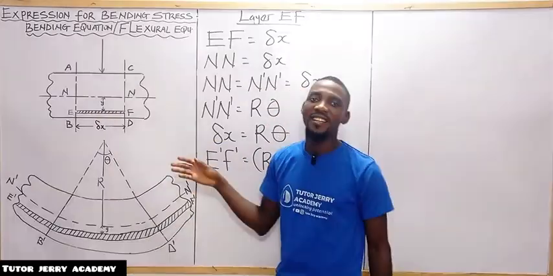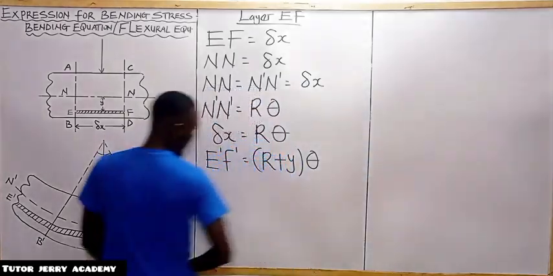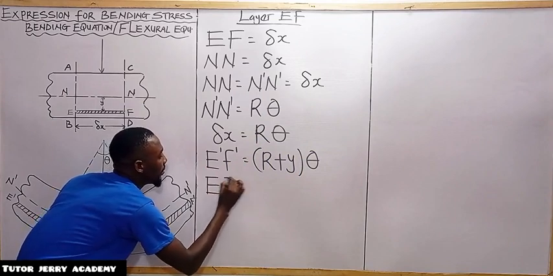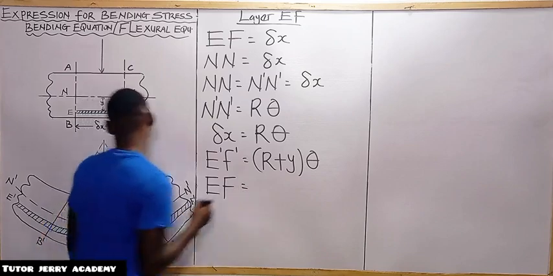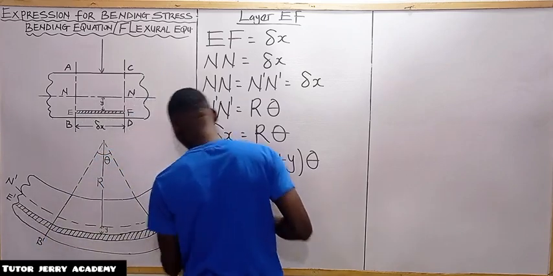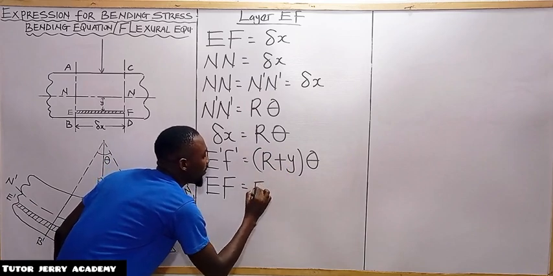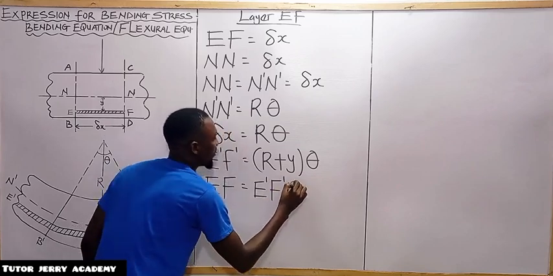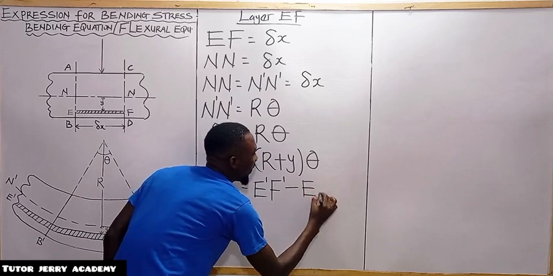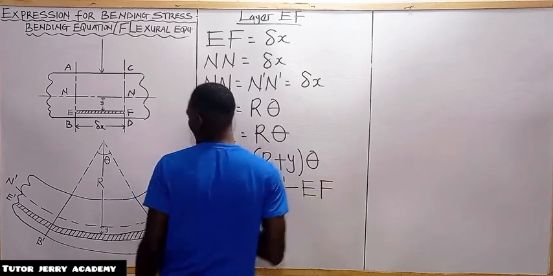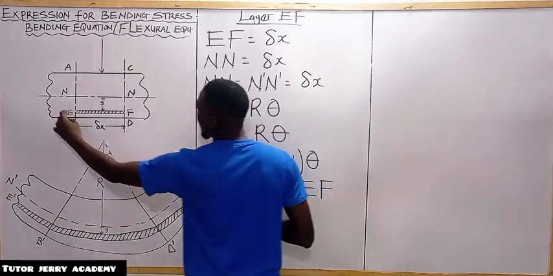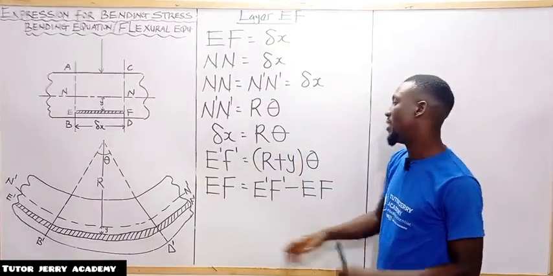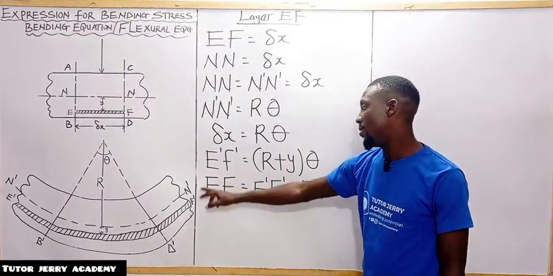So the increase in length of this layer EF is going to be E prime F prime minus what? Minus EF. This E prime F prime minus EF that we have here. All right, this is increase in length. Take note, please. This is increase in length.